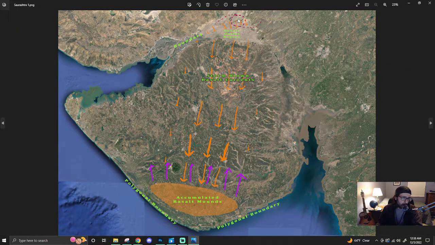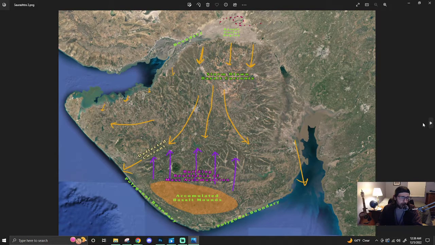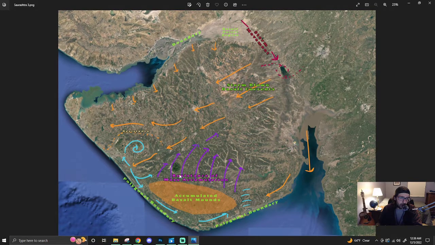Where the storm was here, there was a storm causing the current to flow this way. Vortex storm that caused the mantle to puncture, so big storm. And then it moved. Essentially, it caused a mound to accumulate. And then that caused the storm's current to deflect like this. Then it moved over here. And I put that its current went generally across here, but it probably also put a current this way.